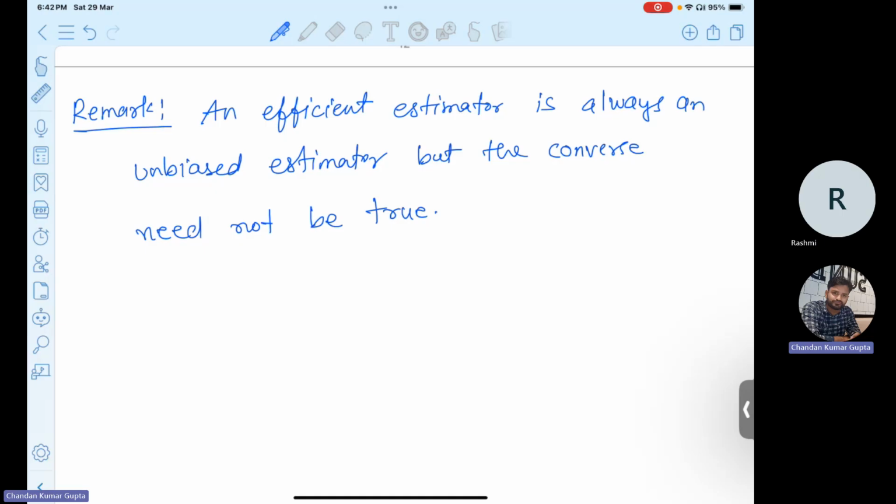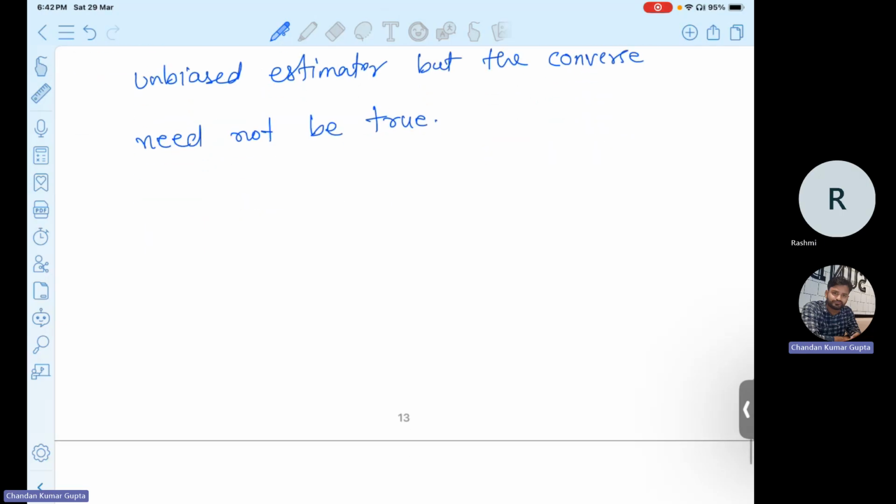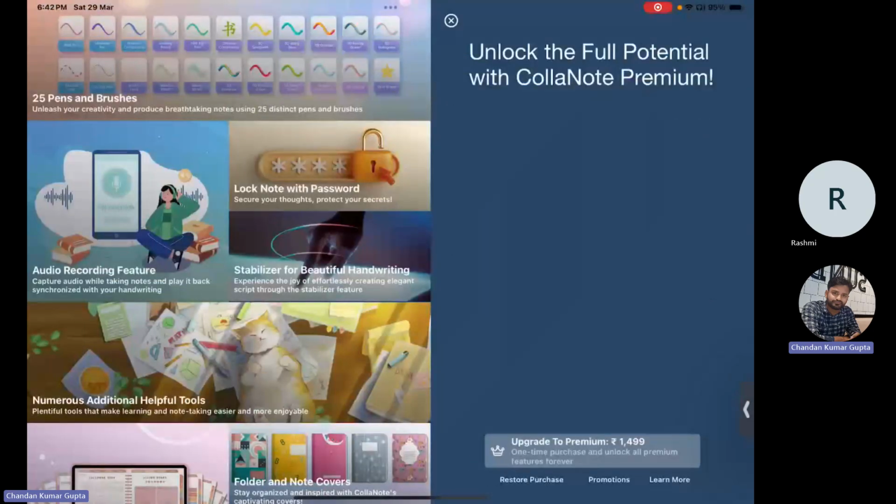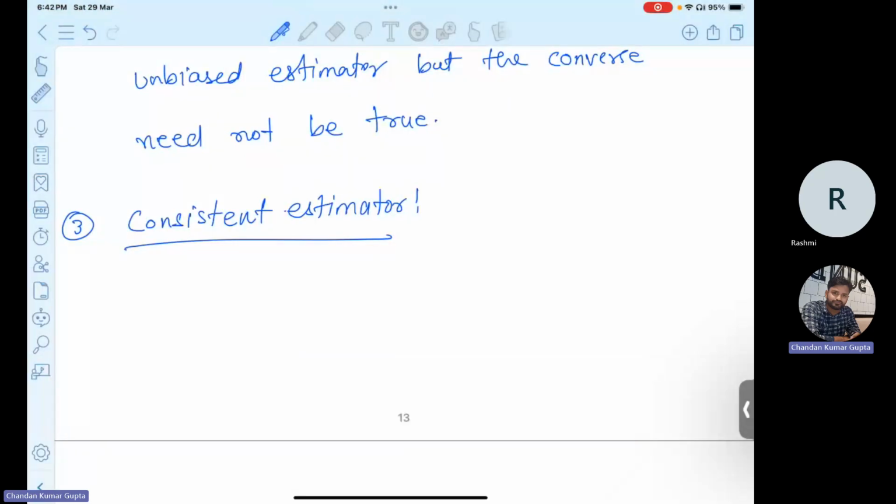Now we will discuss the third, that is, consistent estimator. Suppose we have Tn(X), a sequence of estimators.